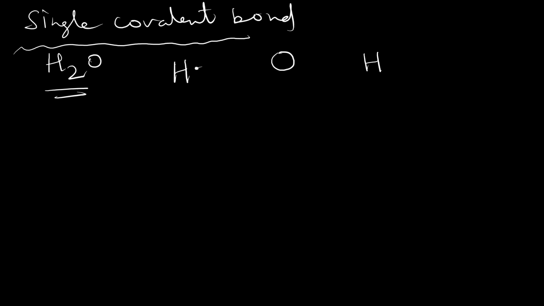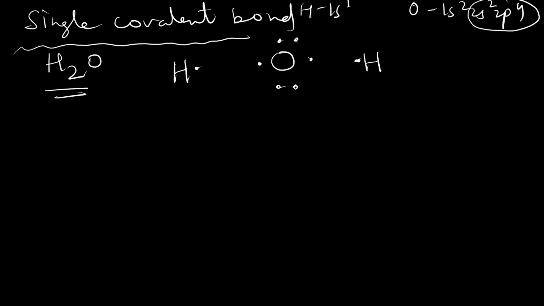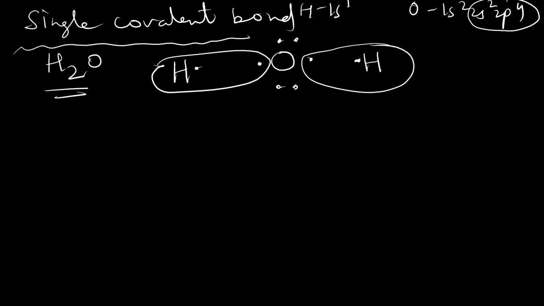So each hydrogen has one valence electron, whereas oxygen has 6 valence electrons if you see its electronic configuration. And for hydrogen, it is 1s1. So 1, 2, this way, and this way. So total valence electrons in oxygen 6, and for hydrogen 1. So hydrogen will share one electron with oxygen.